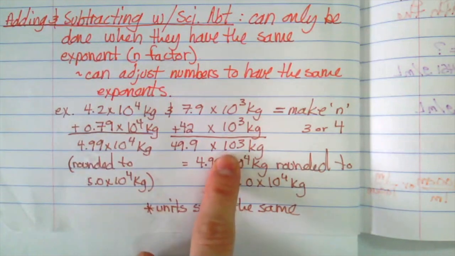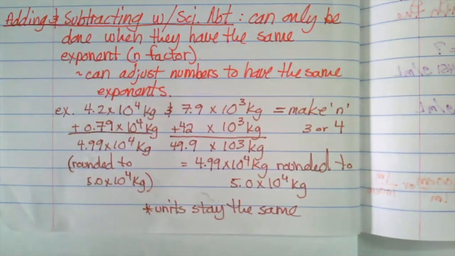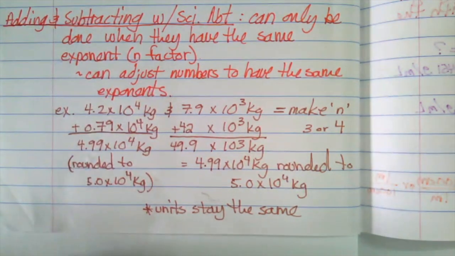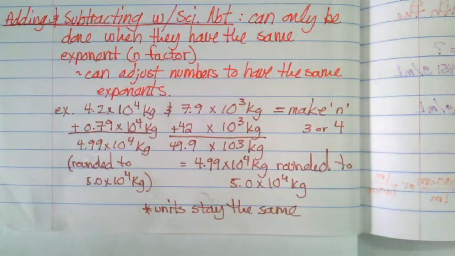Then you get your answer, and it needs to be rounded to the number with the fewest significant figures. So I look at them, and I have 2 significant figures in each of them, so my answer should also have 2. Make sure you keep your units the same.